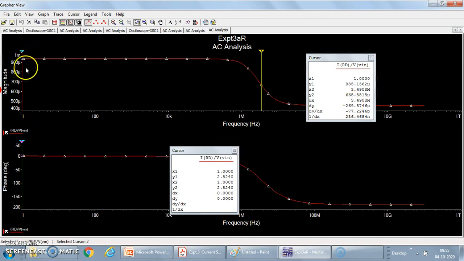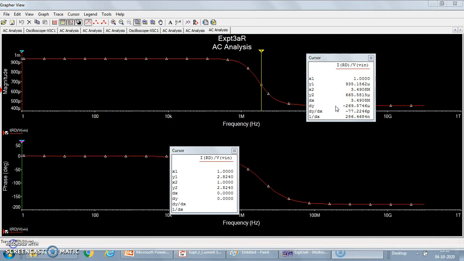Anyway, for lower values it is starting. This is simulation; actually on the hardware we may get different values. These are simulation results. Dx comes out to be 3.49 megahertz. Approximately 3.5 megahertz is the bandwidth.